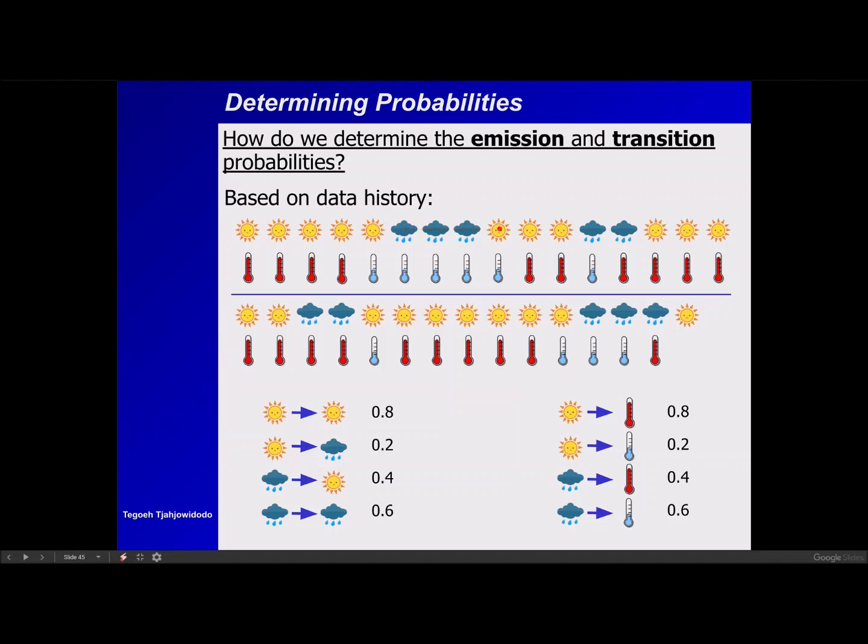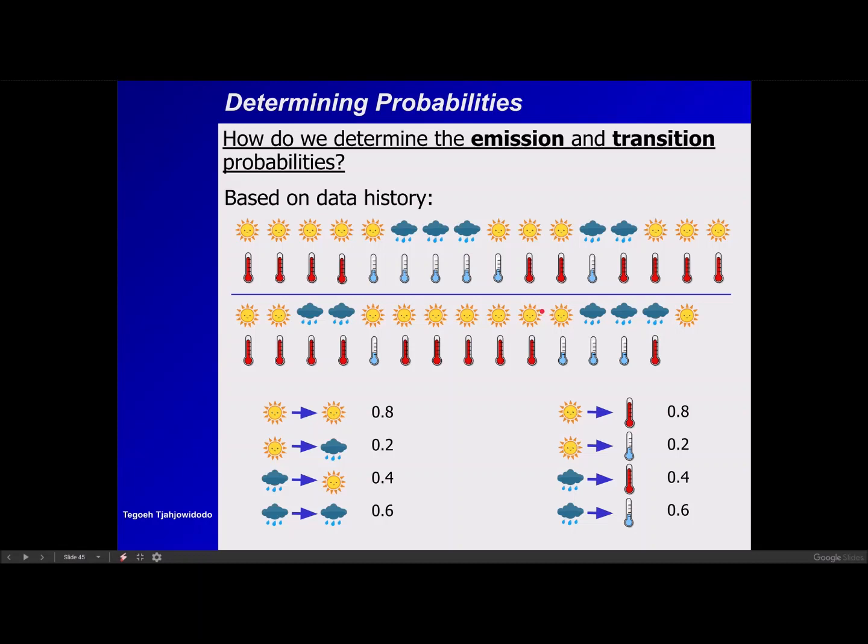And then now we have another sunny here, 5, 6, 7, 8, 9, 10, 11, 12, 13, 14, 15, 16. We have 16 transitions from sunny to sunny.